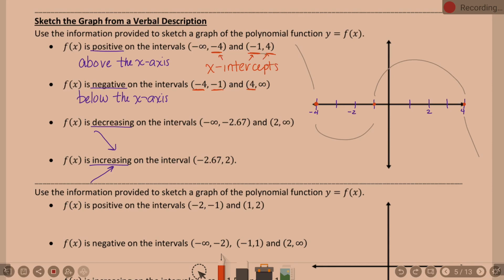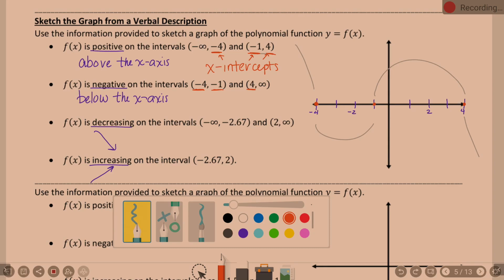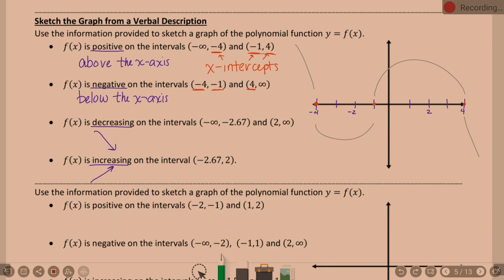Okay? Now, the other part, decreasing. Follow me. It says my graph is going down. So it's going down from negative infinity to negative 2.67, which means at negative 2.67, that's where I'm going to stop going down. So realize I'm going to go down to about this point. What's going to happen at negative 2.67 then after that?